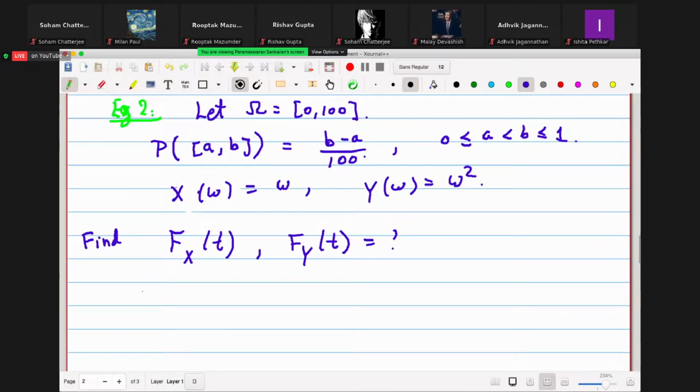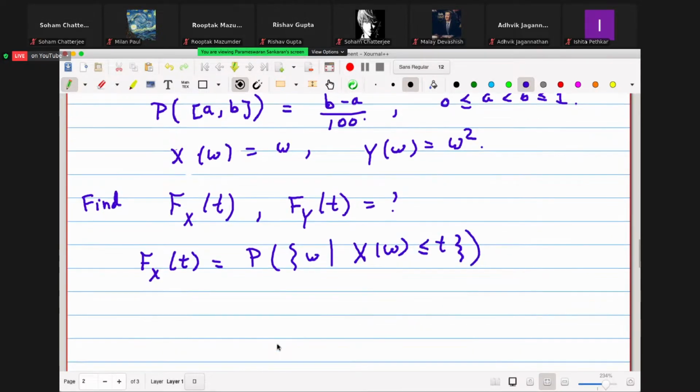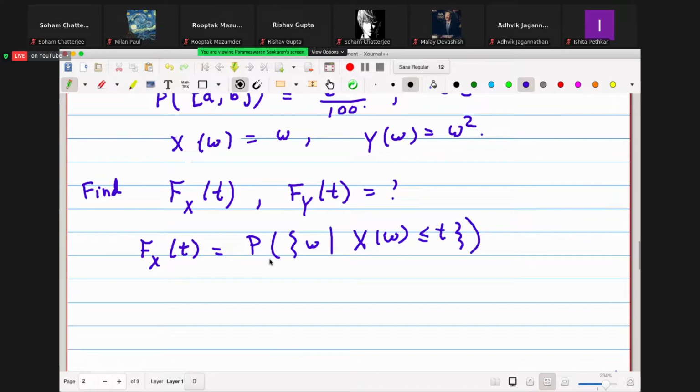So F_X of t, just apply the definition. This is equal to the probability of all those omega such that X of omega is less than or equal to t. And mind you, the domain for this is the whole of the real line, not just the interval 0 to 100 or anything.